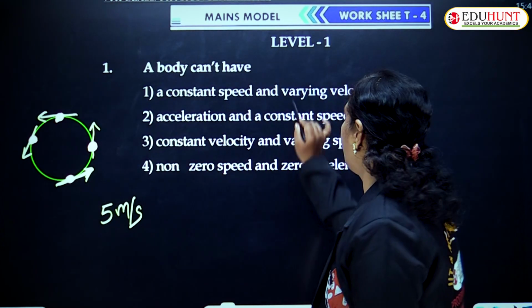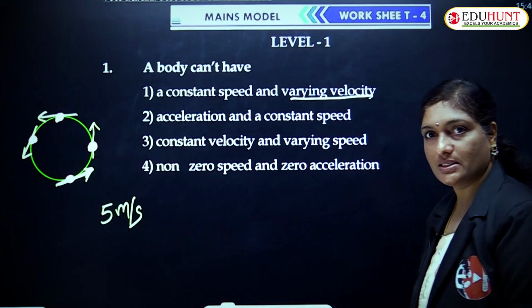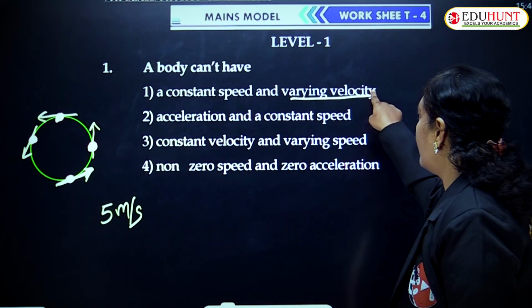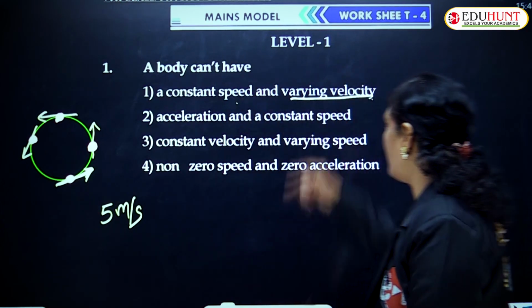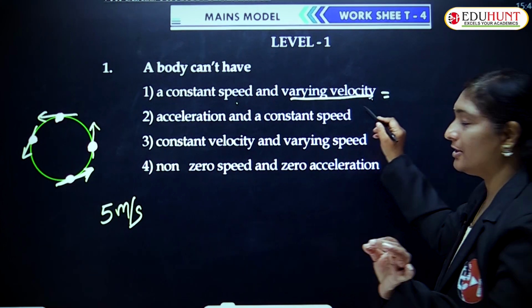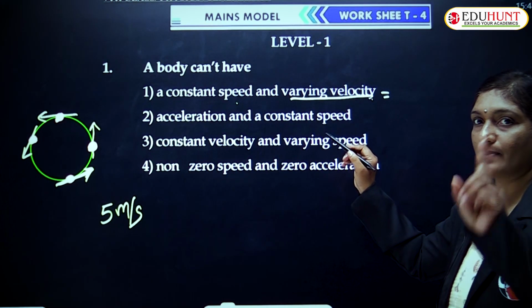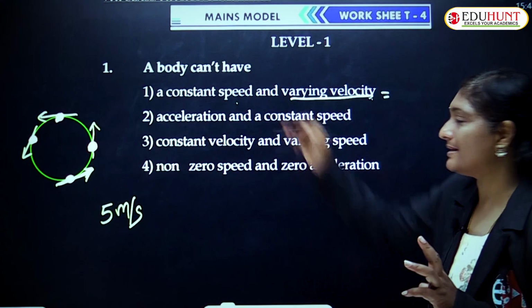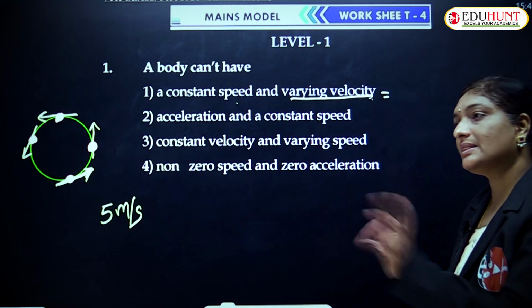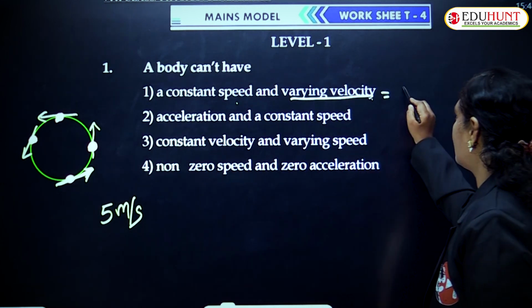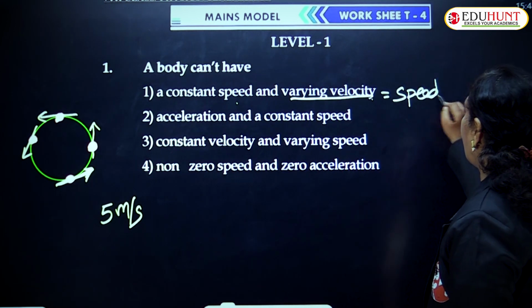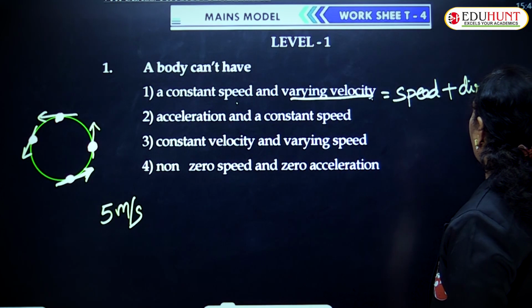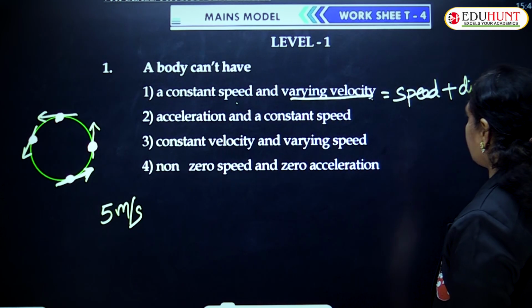So if you discuss something regarding the velocity, though speed is constant, velocity is a vector quantity, has magnitude as well as direction. So the magnitude part is nothing but speed, and speed with the direction gives you velocity. So I can write down that velocity equals speed plus direction.